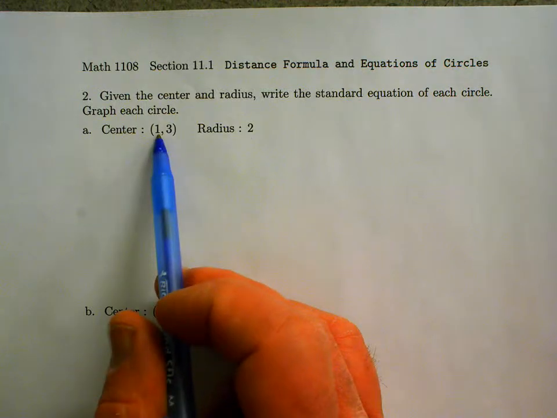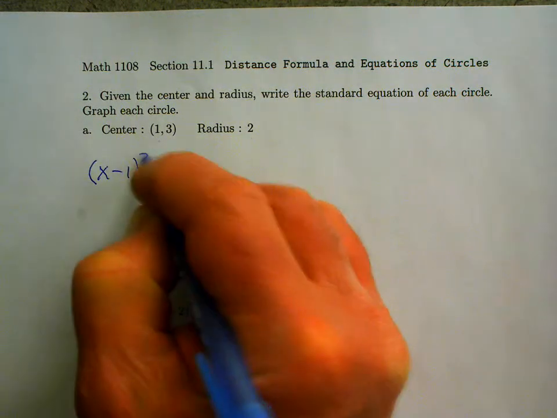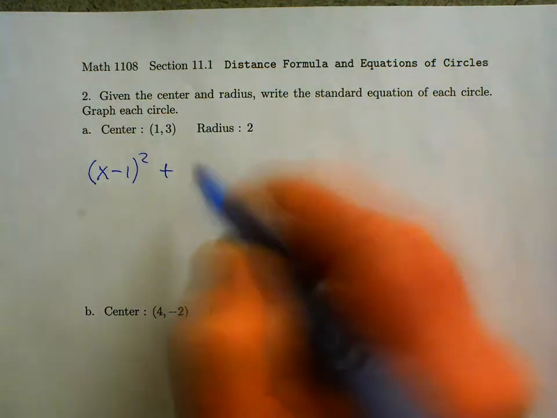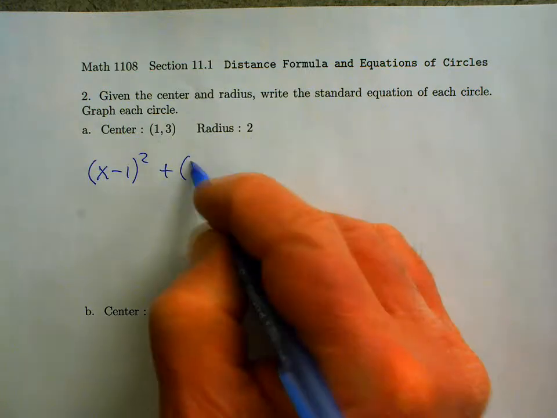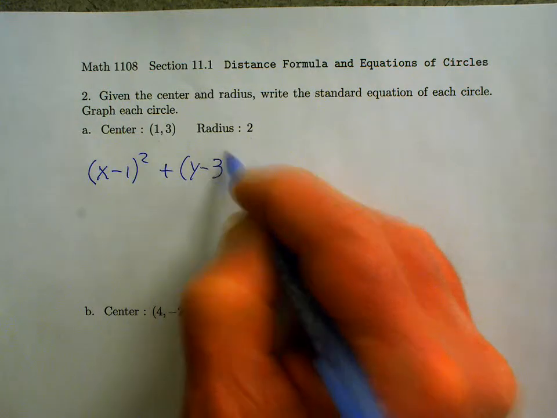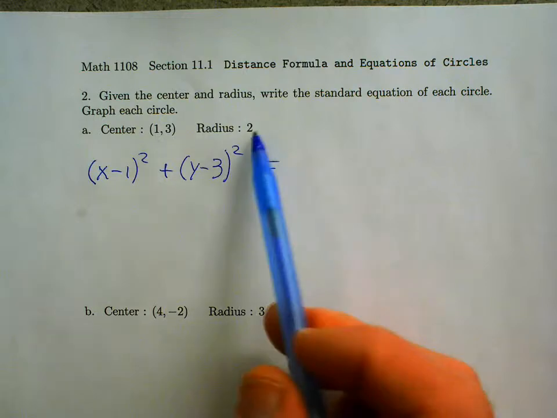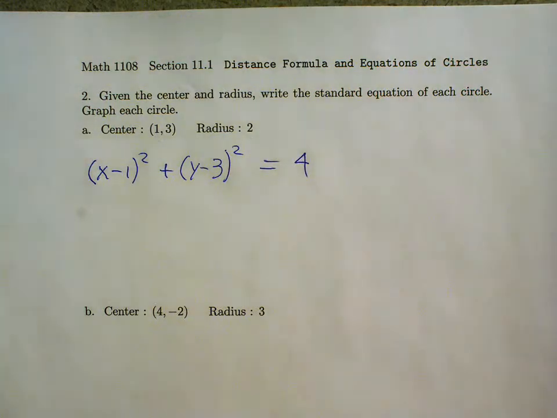So the x-coordinate is 1, so we write the quantity x minus 1 squared, and then we add that to the other quantity. The y-coordinate is 3, so we have the quantity y minus 3 squared. And then that's equal to the radius squared, 2 squared, which is 4. So that's all there is to that.